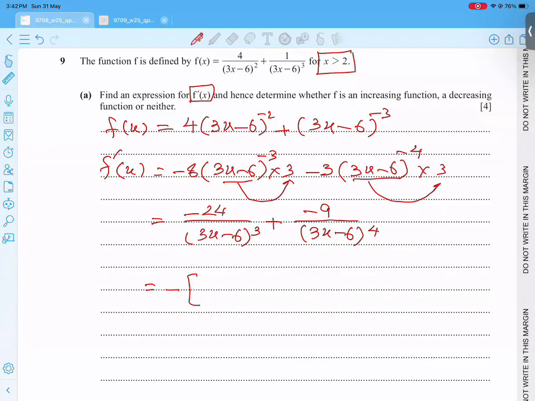First of all, I think I should take the LCM. What is the LCM? The LCM is 3x minus 6 to the power 4, because the bigger power is the LCM. So this is the same. Negative 9, so 9 will stay as it is. But this is 1 less, so 1 bracket value will multiply up. So 24 times 2, 3x minus 6.